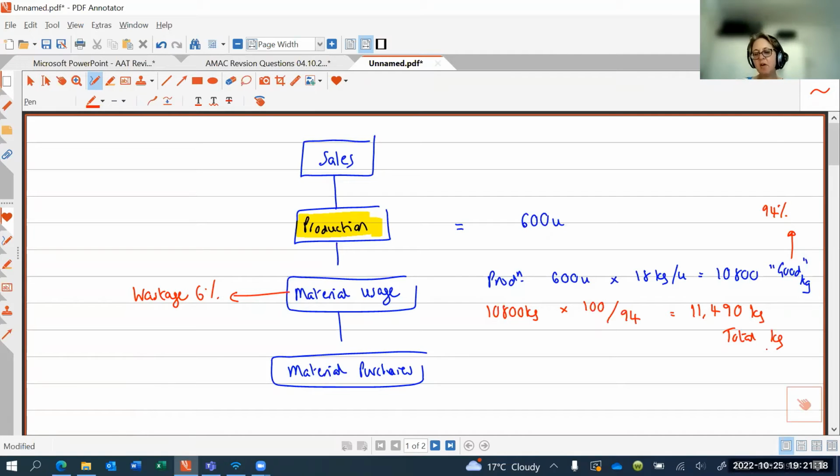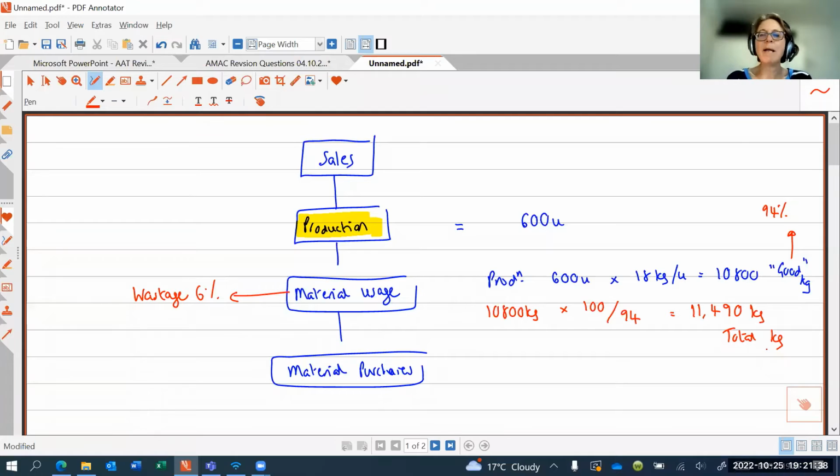Now, if you prefer, you could actually multiply by 6% to try to find the actual wastage part rather than going straight into the total there and then add the wastage onto the good ones. I just thought it was quicker to get straight to the total there.